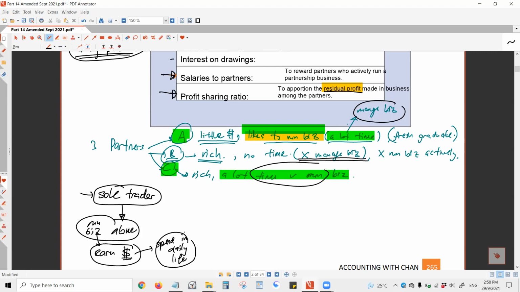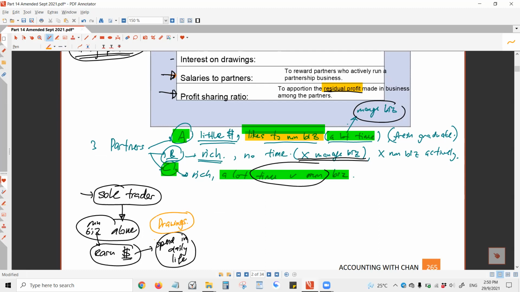How can you take the money out of the business for personal use? The word is drawings. So now you can see why we need to have drawings, because you need to live, so you need money.